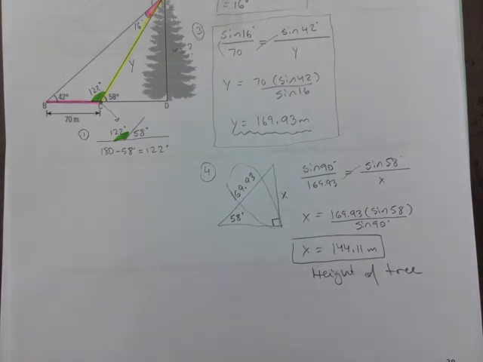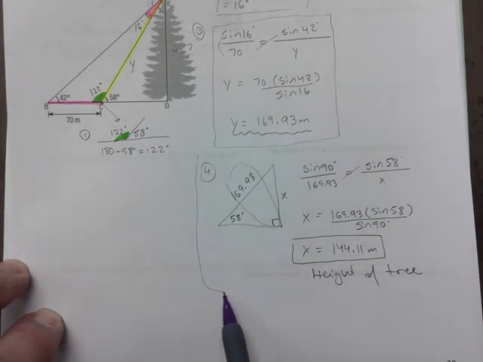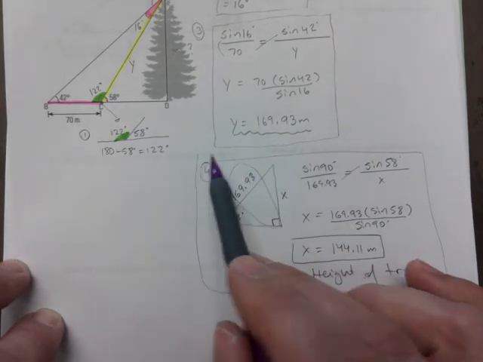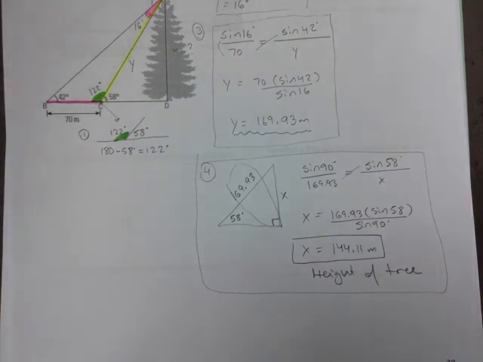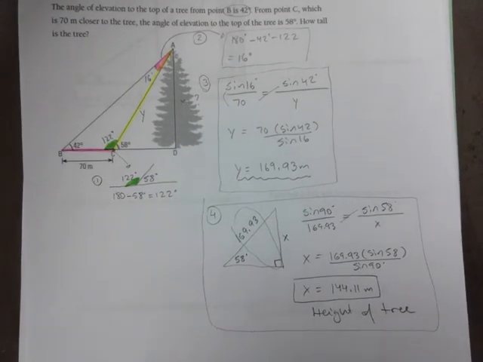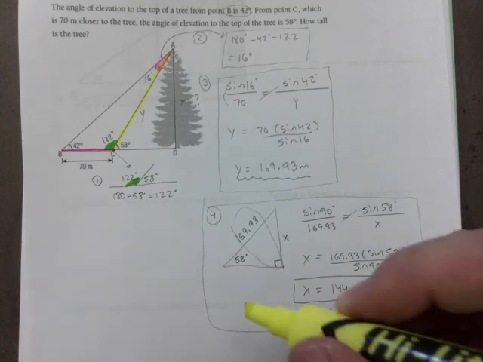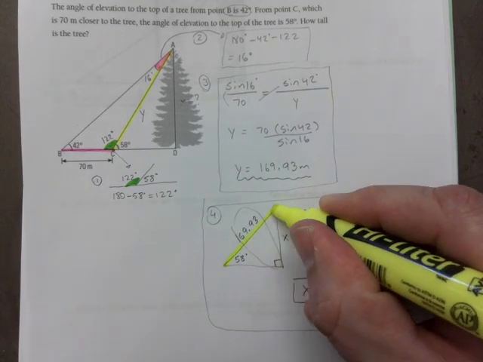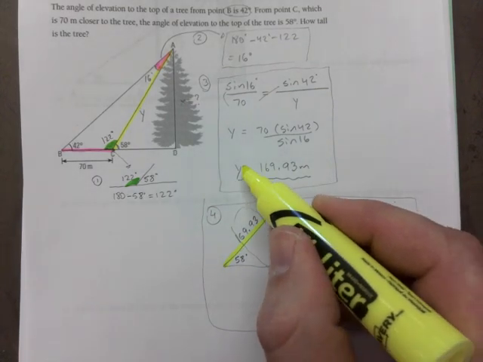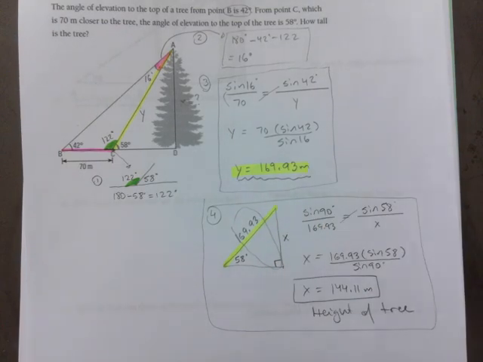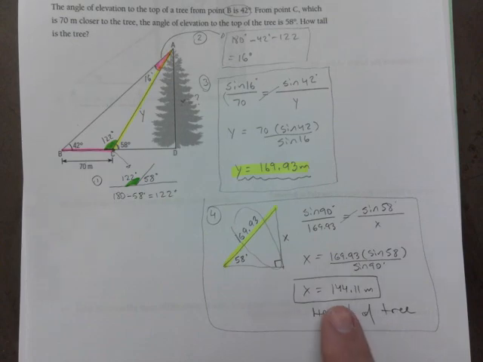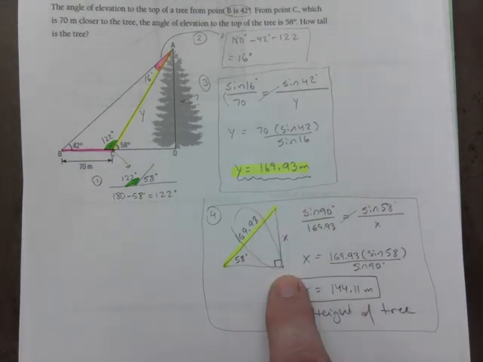So we used multiple triangles here to slowly work our way to the final answer. Okay, I will highlight this yellow one here because that was crucial, right? That was my first go-to before I solved for the height of the tree.